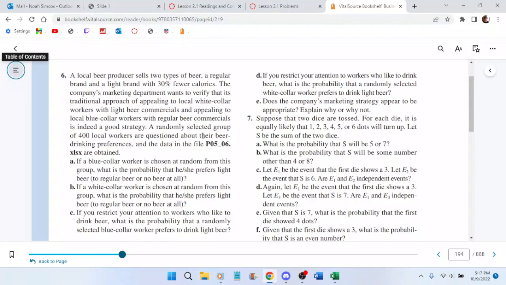What is the probability that he or she prefers light beer? If a blue-collar worker is chosen, what is the probability that he or she prefers light beer?